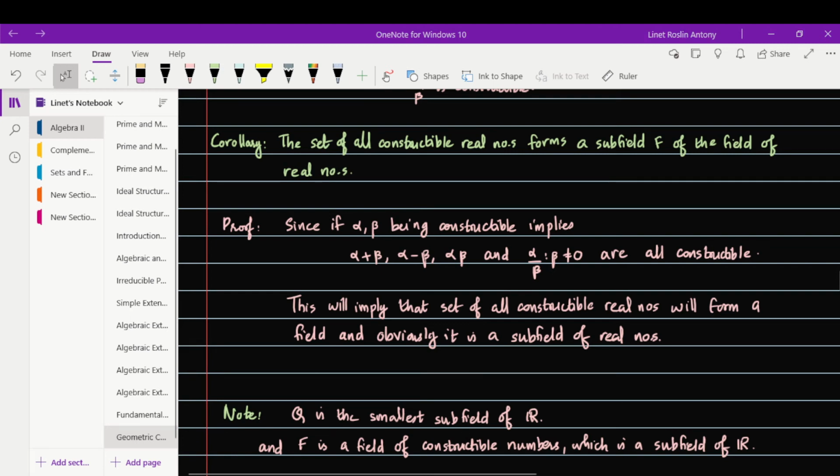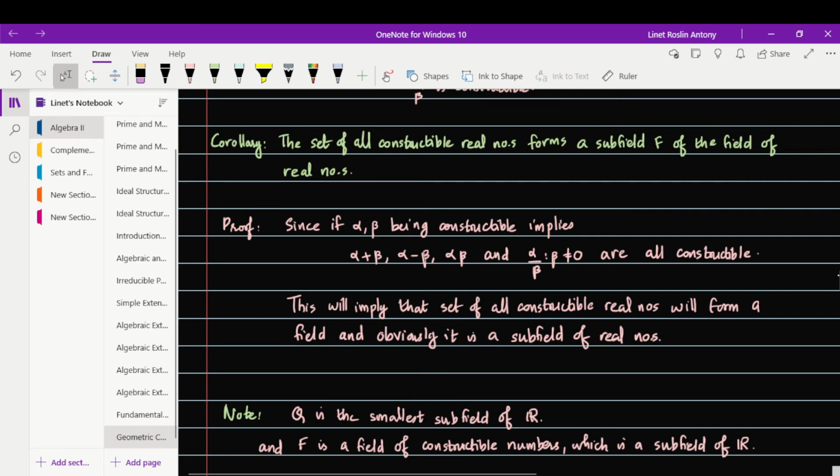Actually, this corollary is obvious one after the theorem. Since if alpha beta being constructible will imply the sum, the subtracting one, alpha minus beta, the product, the quotient, all of them are constructible. This will imply that the set of all constructible real numbers will form a field, and obviously it is a subfield of real numbers.